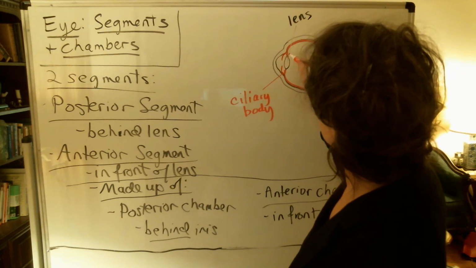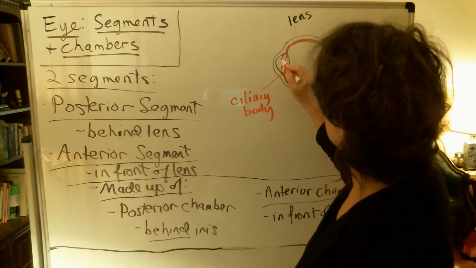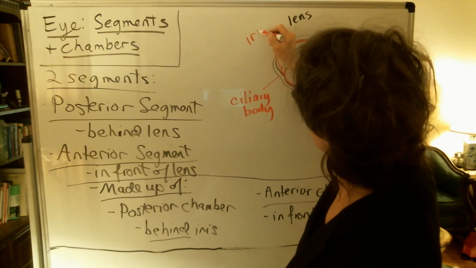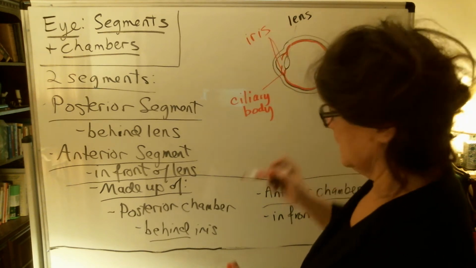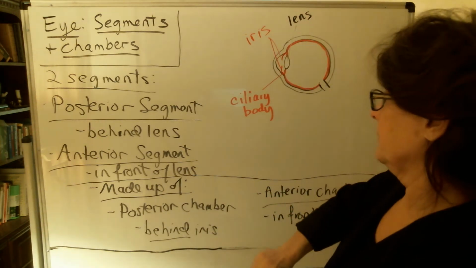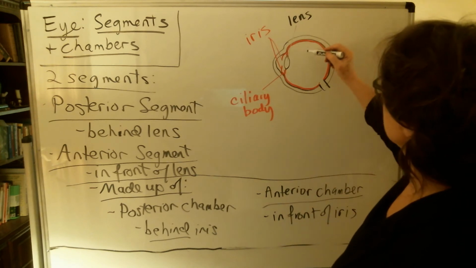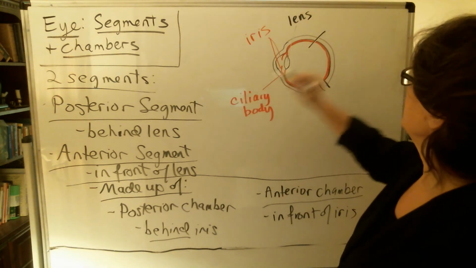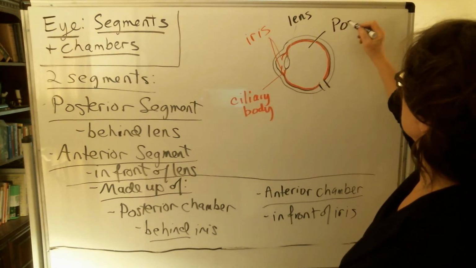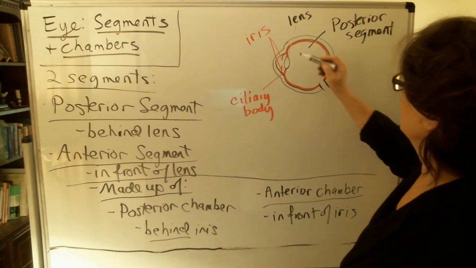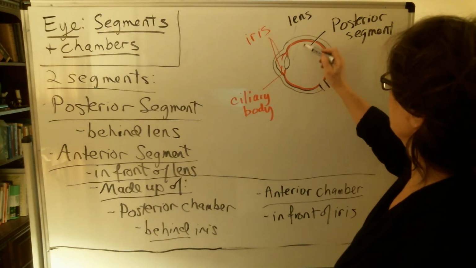And here, and that goes for the top as well. And then, of course, you have the iris there. All right, so how's this look then? All of this back here, then, this is all the posterior segment. Here it is. There's a lot of posterior segment here.